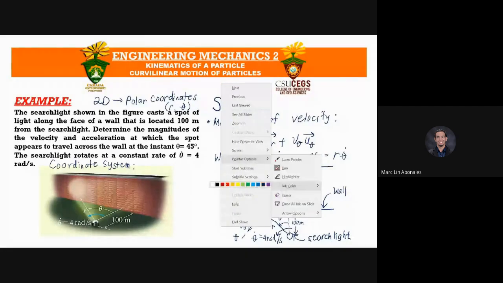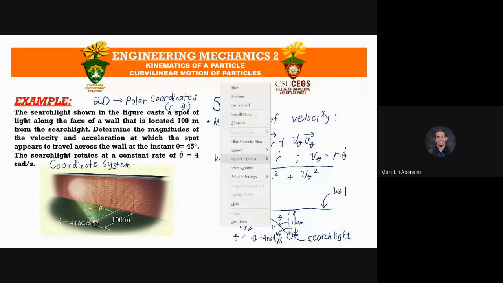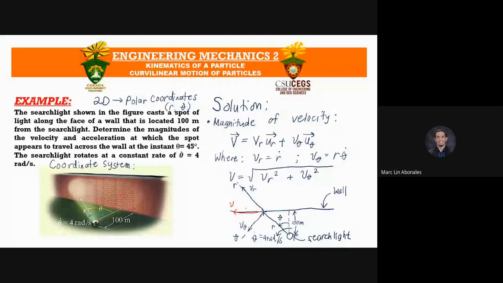So the velocity of our searchlight is found along the wall. So that is the velocity itself of our searchlight. And this is only a representation of the other coordinate system for finding the magnitude of the velocity.